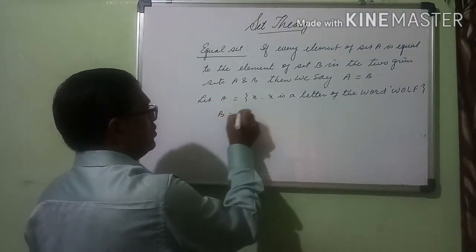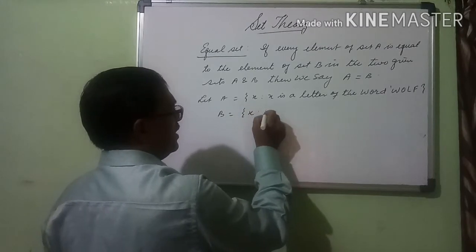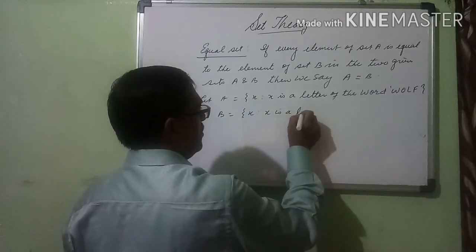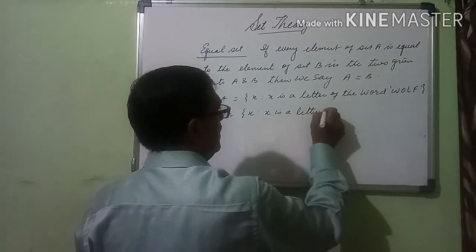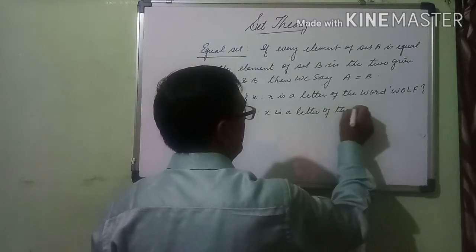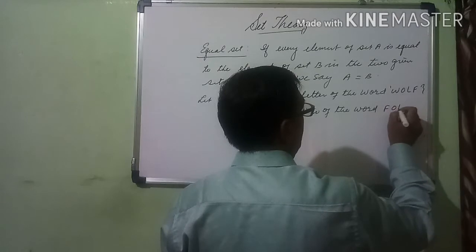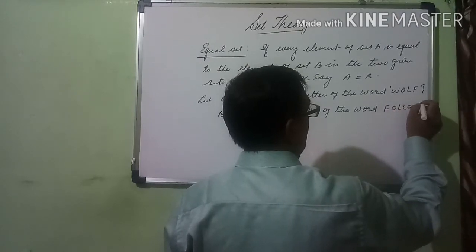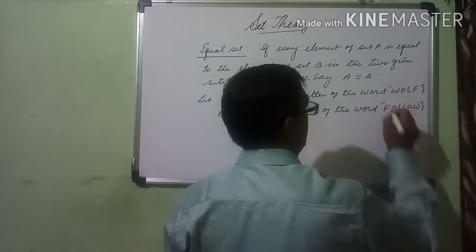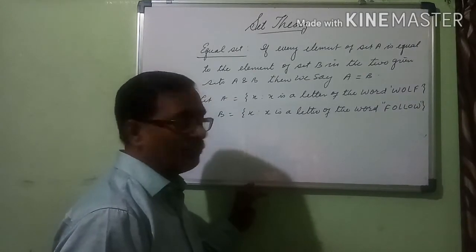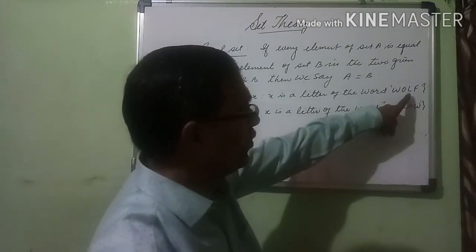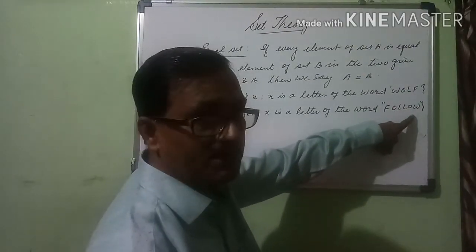B is equal to x such that x is a letter of the word follow. By watching, it looks like A has 4 elements and B has 6 elements, but not so.